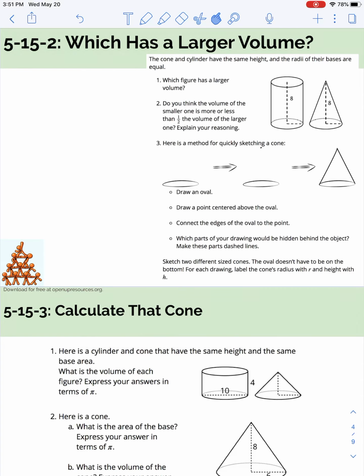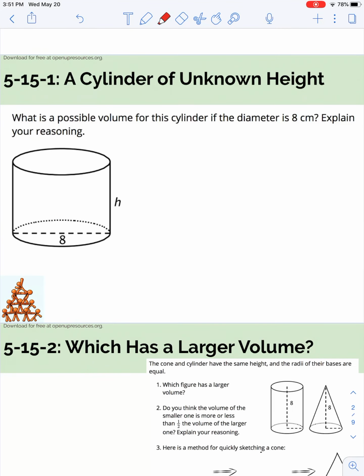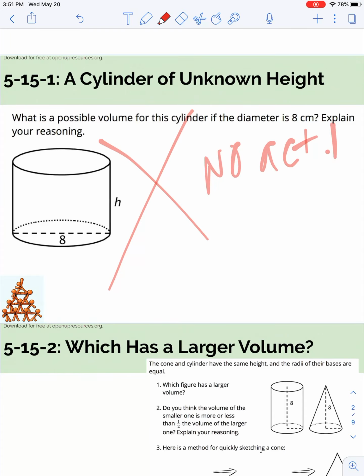Our warm-up would have been pouring the water. Okay, we can't do that. Sorry, it took me a minute to realize what's happening. So we're starting with activity 2. If there's something for activity 1, just put an X through it. Don't worry about it.